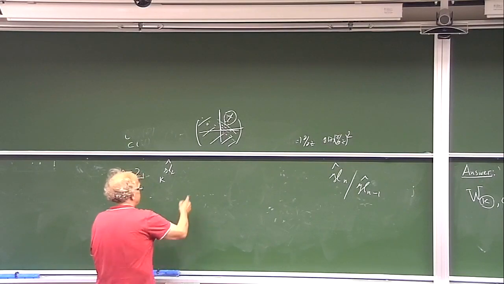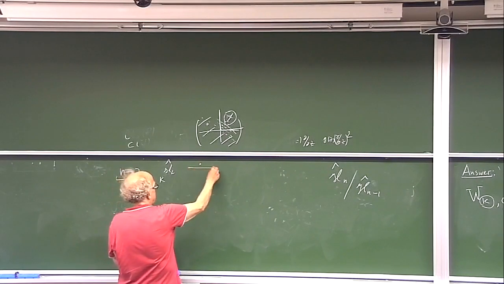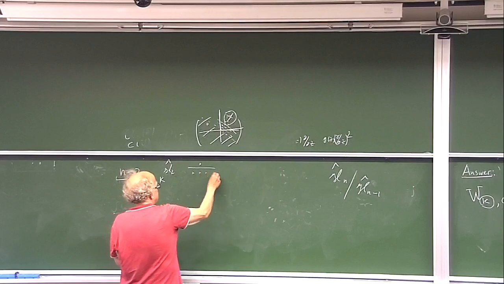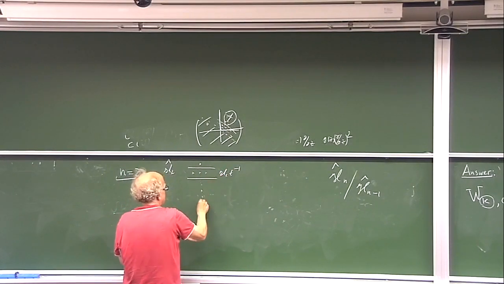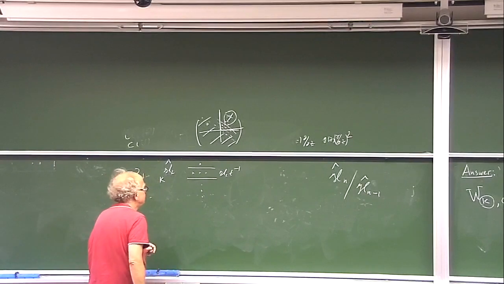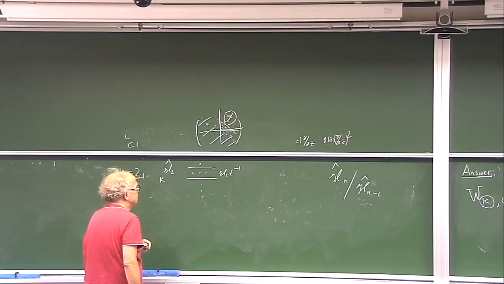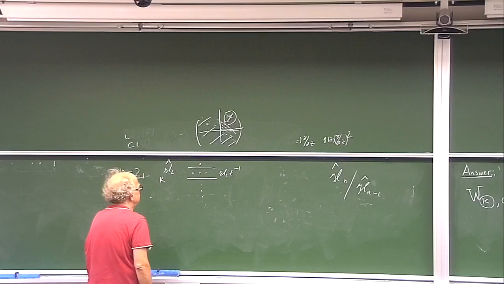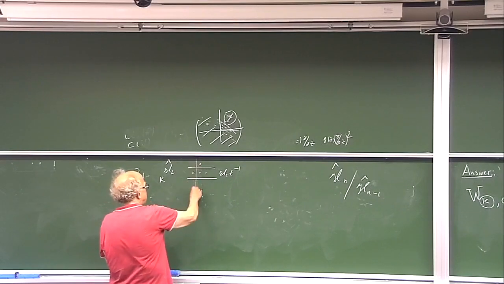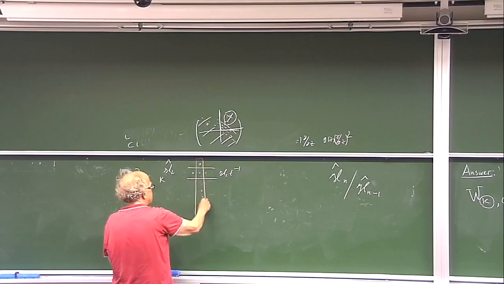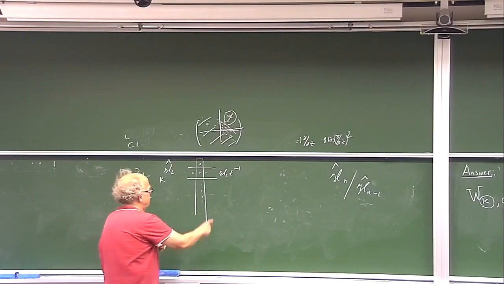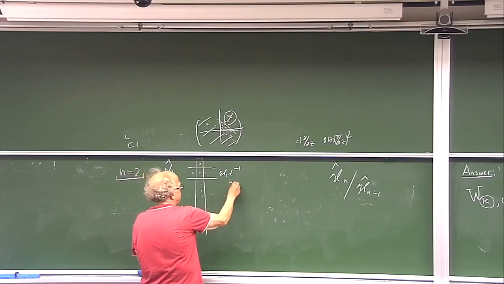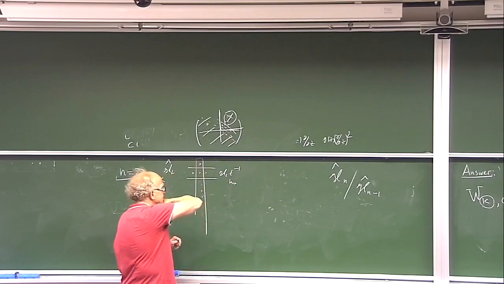And the vacuum representation is what? The highest weight vector, then we have SL2 T minus 1, then we have more vectors. The vacuum representation of this quotient is the part where the operator H0 from SL2 acts by 0.